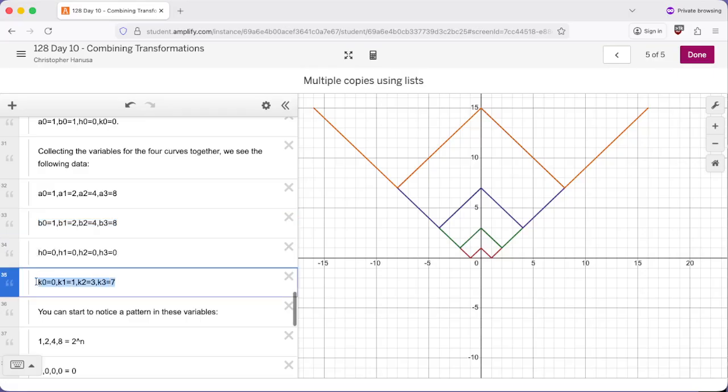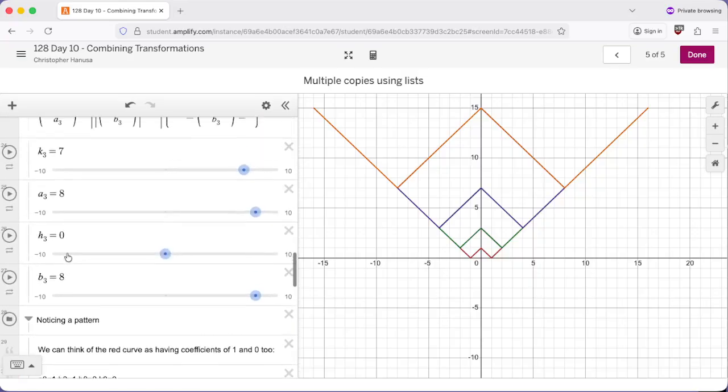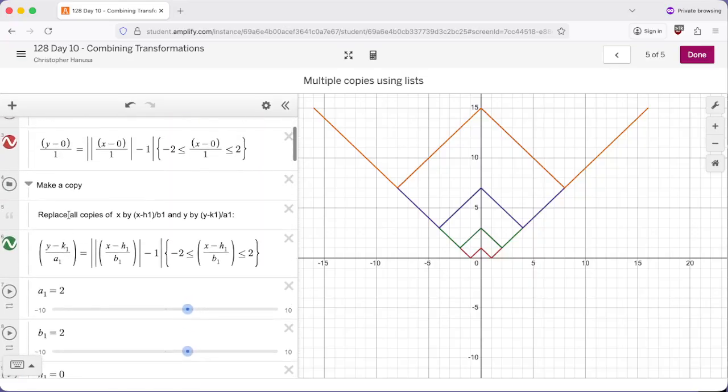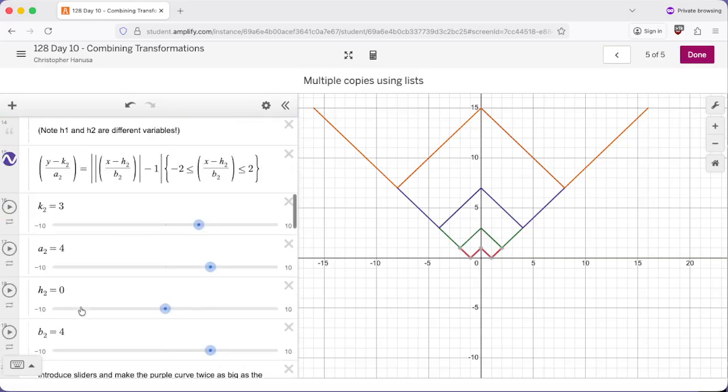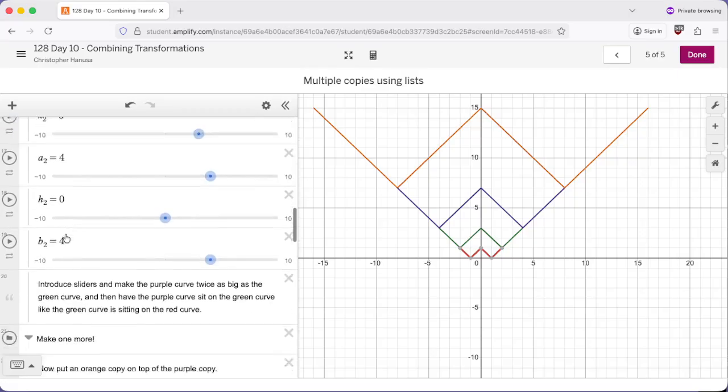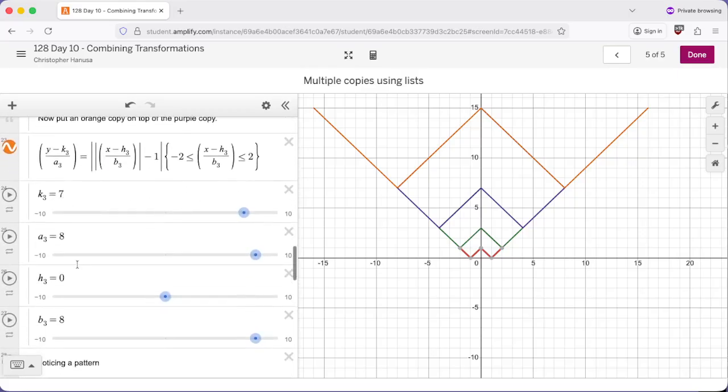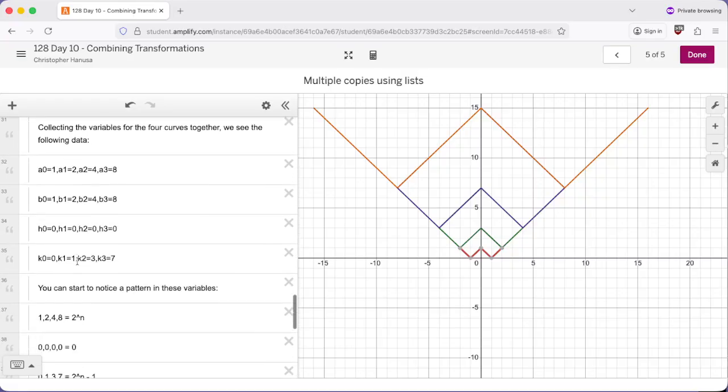And then I look at this one. Let's look at the K's. The first K was 0. The next K was 1. The next K was 3. And the next K was 7. Okay, so this pattern is a little bit more complicated. But if you notice this, 1, 2, 4, 8, we're multiplying by 2 each time. And that happens here too. 0, 0, 0, 0, it's 0 all the time.